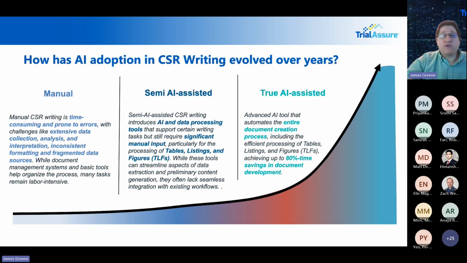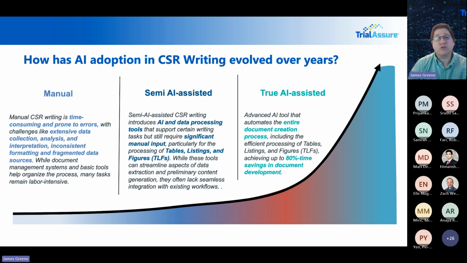As technology evolved, we moved into a realm of semi-automated development of the clinical study reports. This enabled a significant time saving, but there was still quite a lot of manual process when it came to reviewing tables, listings, and figures because the models and the data weren't really computable. They were making errors.